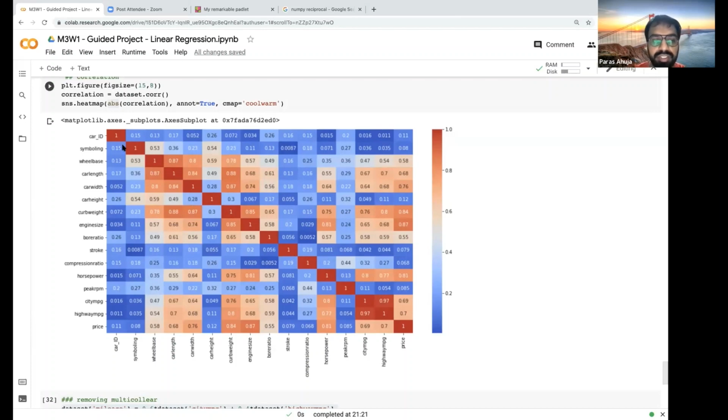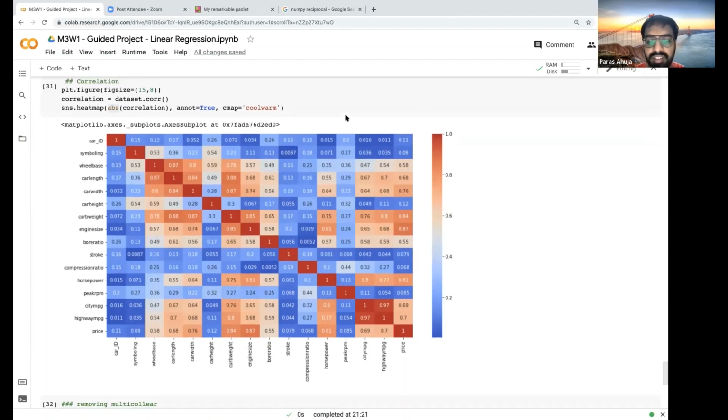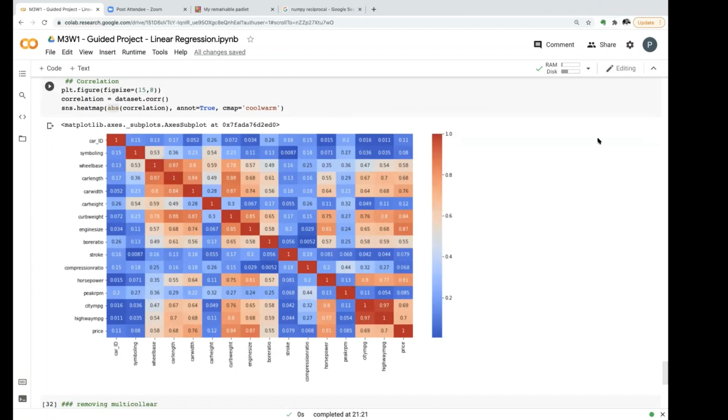One is car ID, obviously, right? The other is price. Why was everyone not able to give this answer? Is everyone in sync, right? We should not include price. Guys, please speak. Please respond. Yes, right.